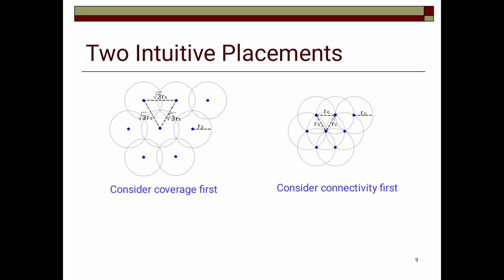That is coverage. Regarding connectivity, the distance between two sensors should be Rc. That is regarding connectivity.